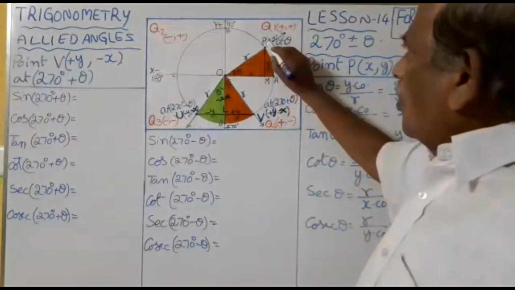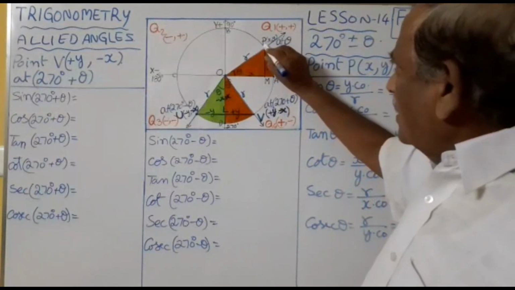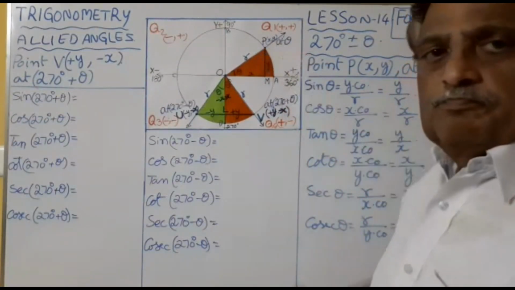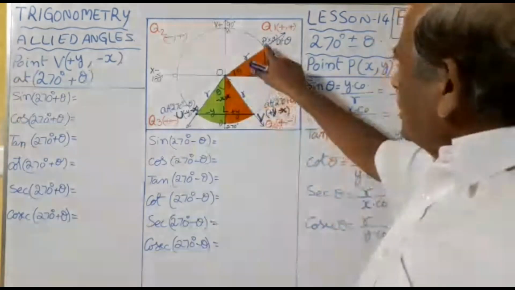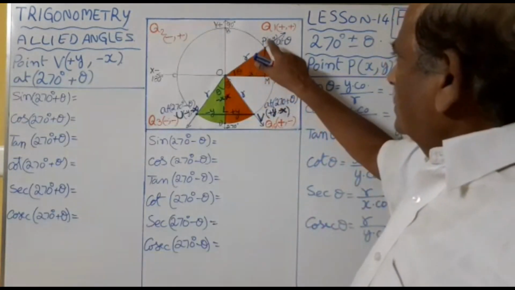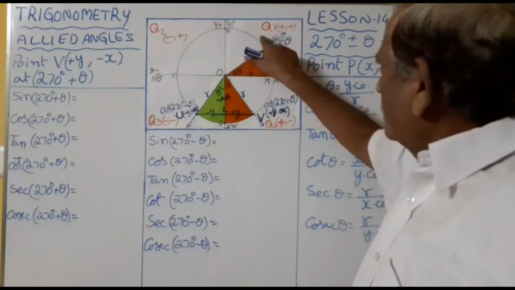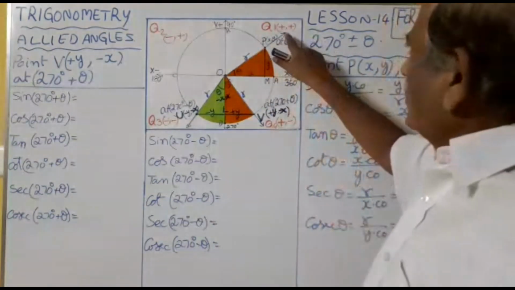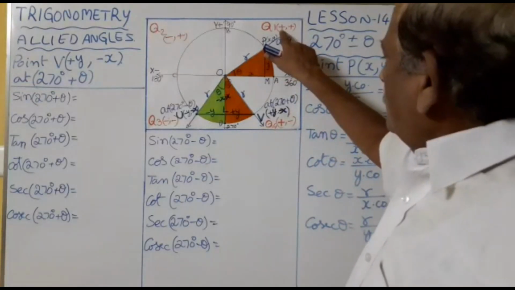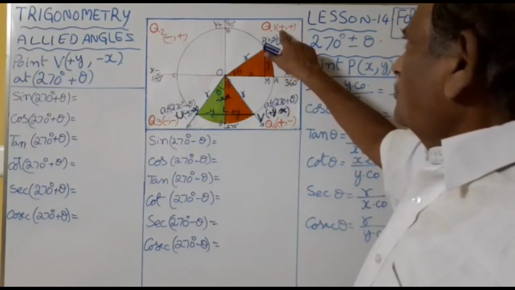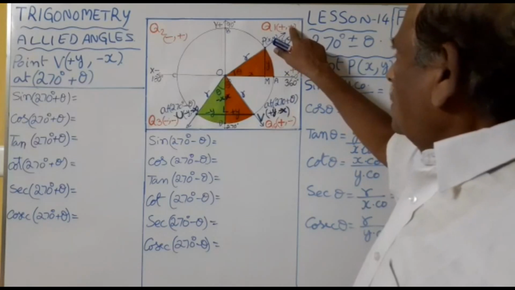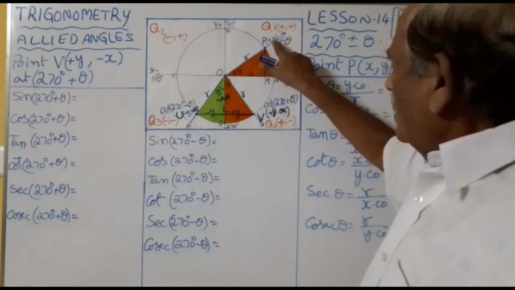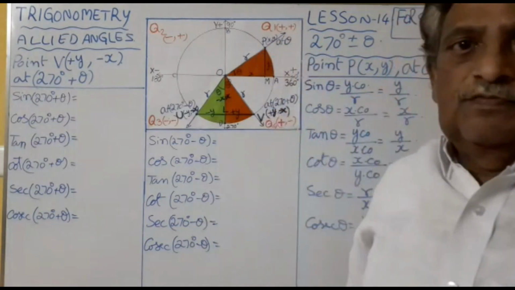Let the coordinates of the point P be x, y. Since P is in quadrant 1, the x coordinate is positive and the y coordinate is positive. Therefore, the x, y of P are positive.